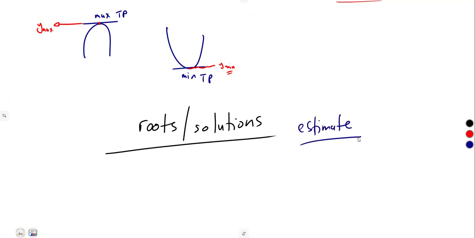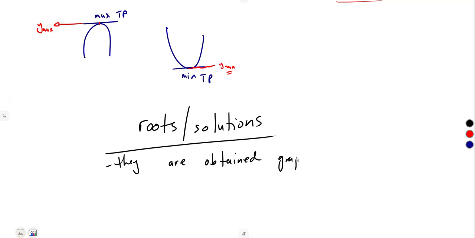We cannot have exact values as we cannot produce the graph with the same smoothness. So you estimate from the graph. The roots, the solutions, are obtained graphically, from the graph that we have drawn.